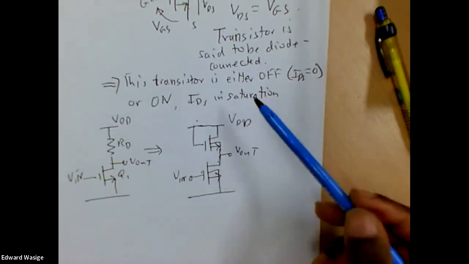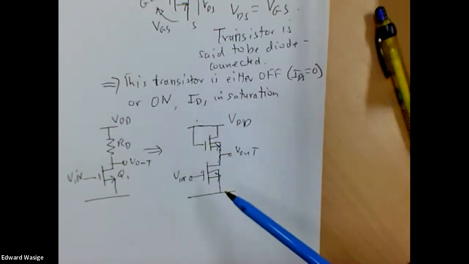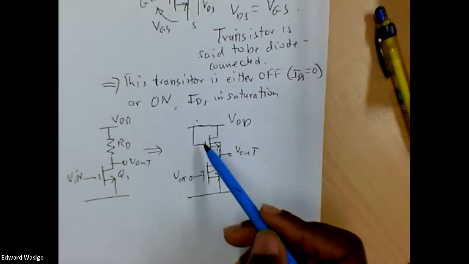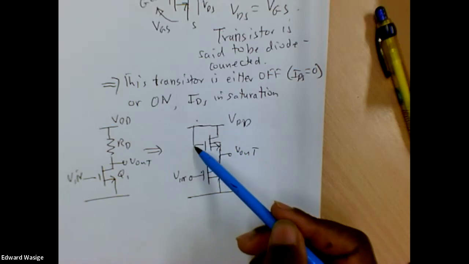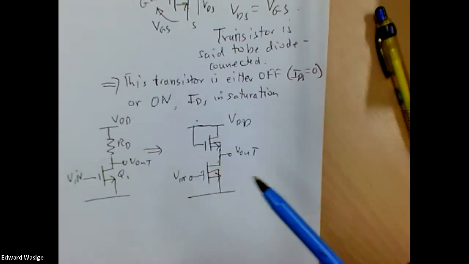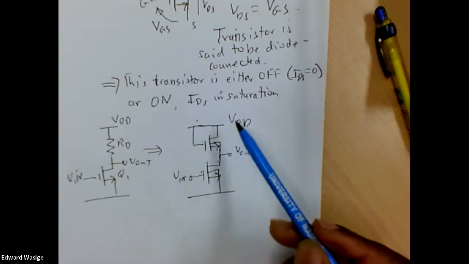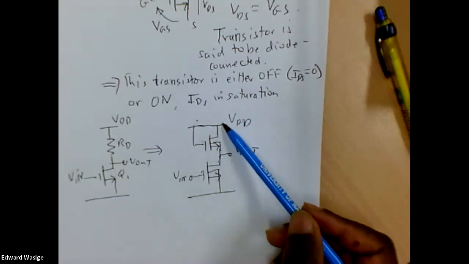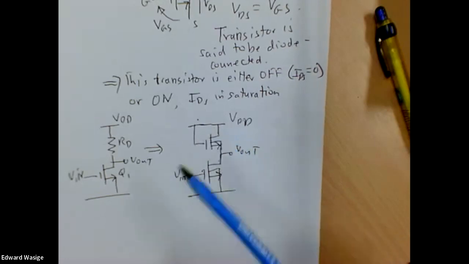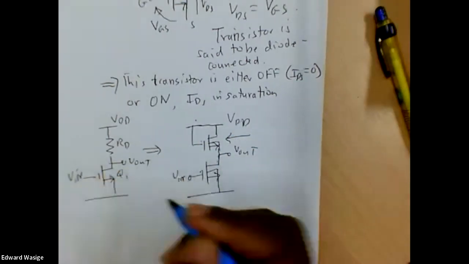So instead of having a resistor at this point, we can have a transistor at this point, but the drain and the source are connected together. With that connection, this transistor is diode connected, and so if VDD is applied so that a current flows through here, this transistor presents a high resistance to the amplifying transistor.